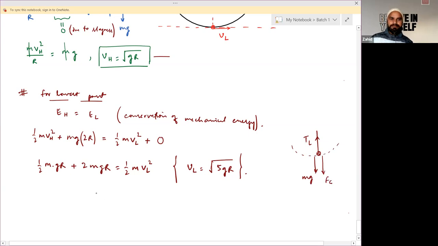So you will say tension equals mg plus F_c, which is m v_L squared over radius. So if you put the value of v_L squared as 5 g r, you will get 6 times mg as net tension at lowest point.